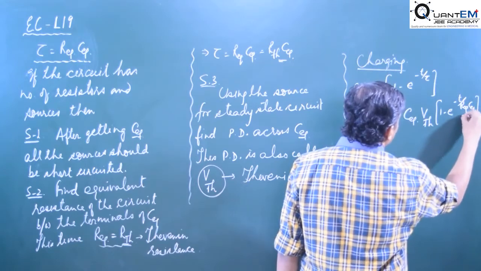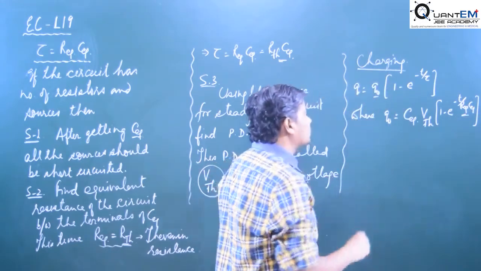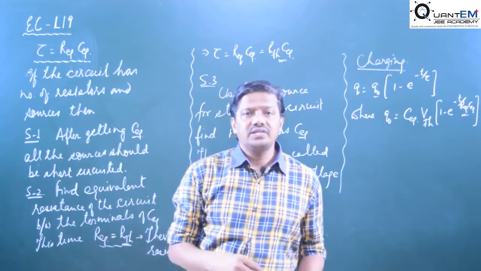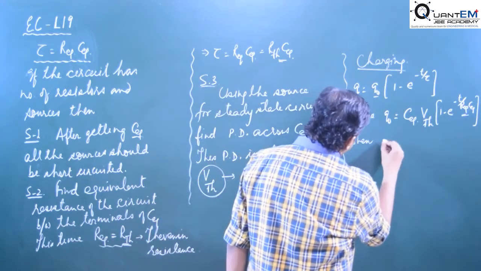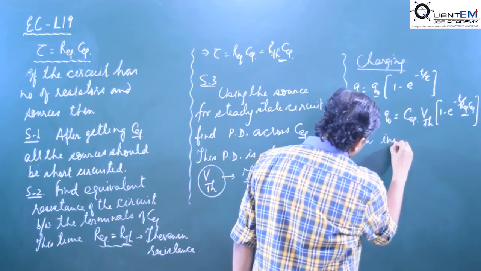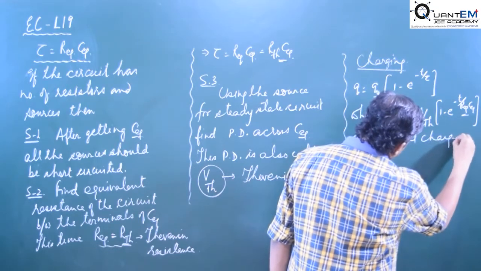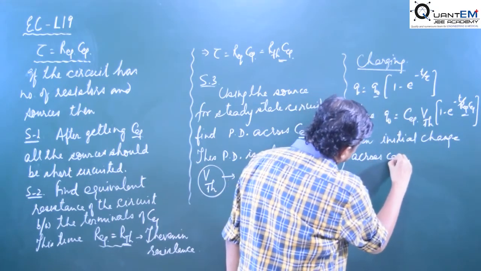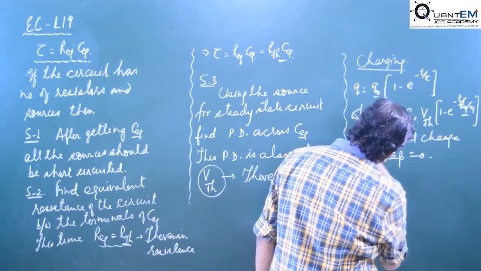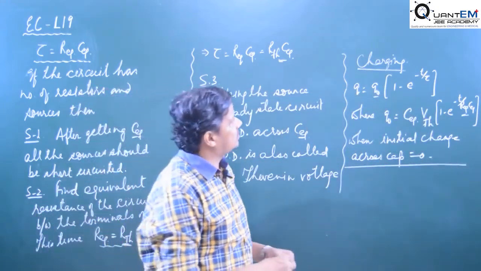R equivalent is also RTH here. This formula should be used only when the initial charge across the capacitor is 0.